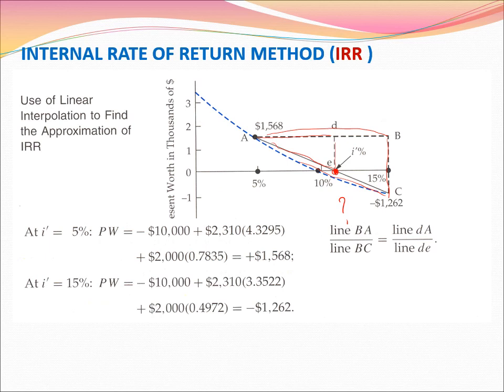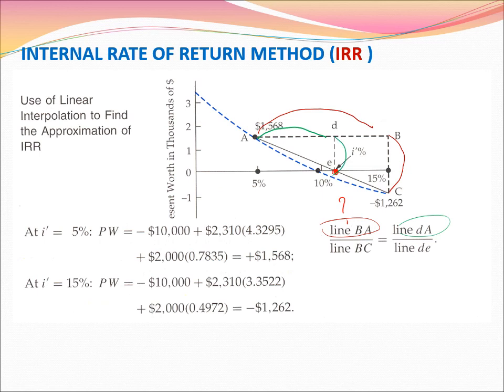According to that, let me clean up some space here. This line BA, divided by BC for the larger triangle, should be equal to the line DA for the smaller triangle divided by DE.